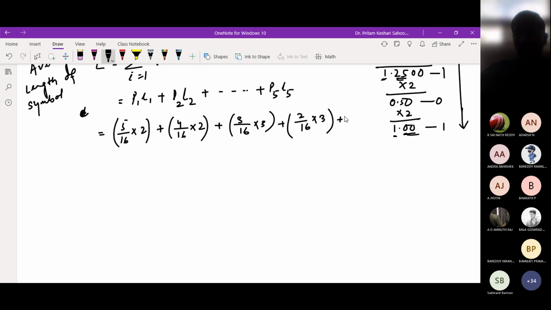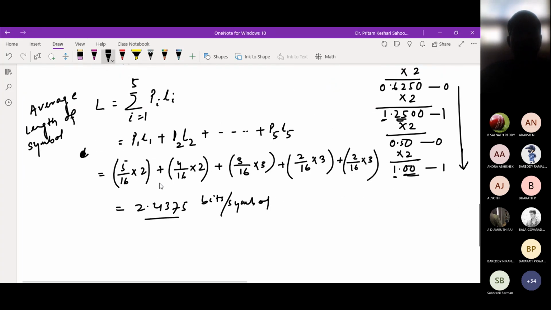So this result is 2.4375. The unit is bits per symbol. So this is what we obtain: the average length.